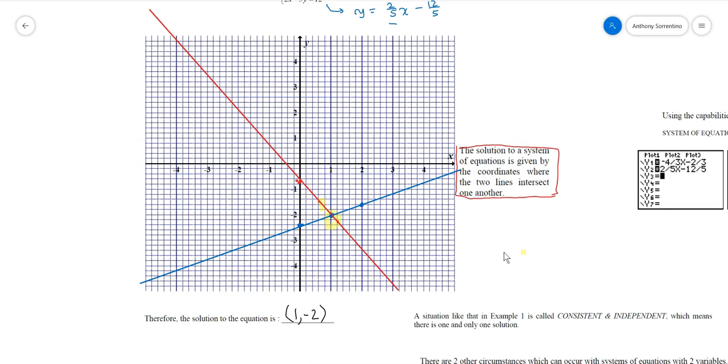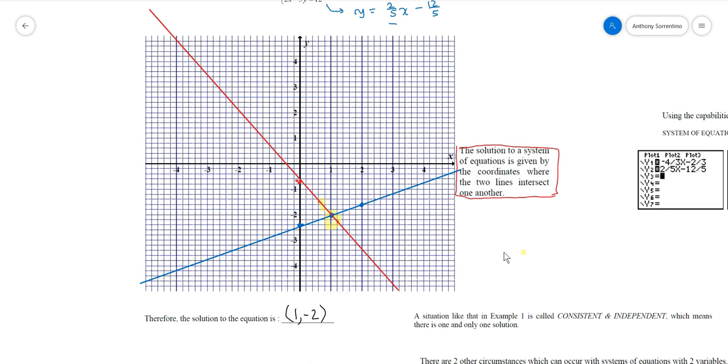Probably won't see that much with linear equations, but it's possible. So graphing can be difficult because your graph may not be able to show the answer as accurately as you need to see what the right answers are.